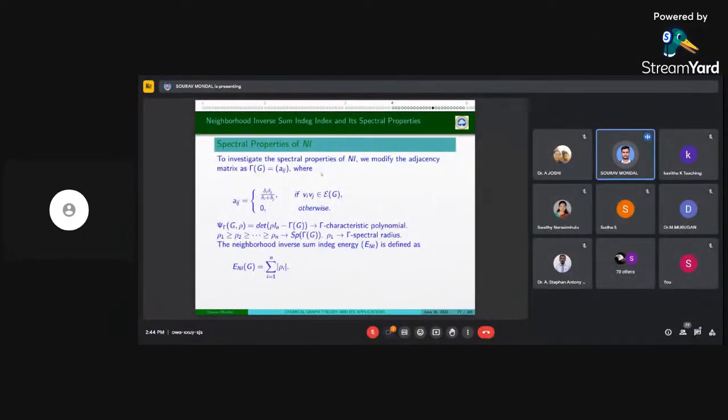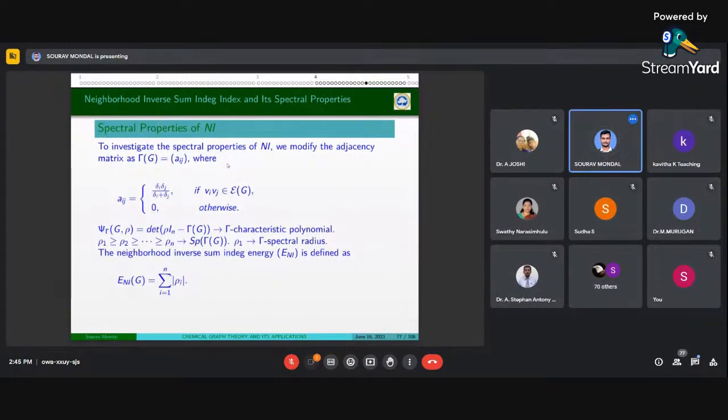Let's look at an interesting feature of a topological index, the spectral property of NI, which is investigated by modifying the adjacency matrix as Γ(G) = [a_ij], where a_ij is δ_i δ_j by δ_i plus δ_j if there is an edge connection, 0 otherwise.